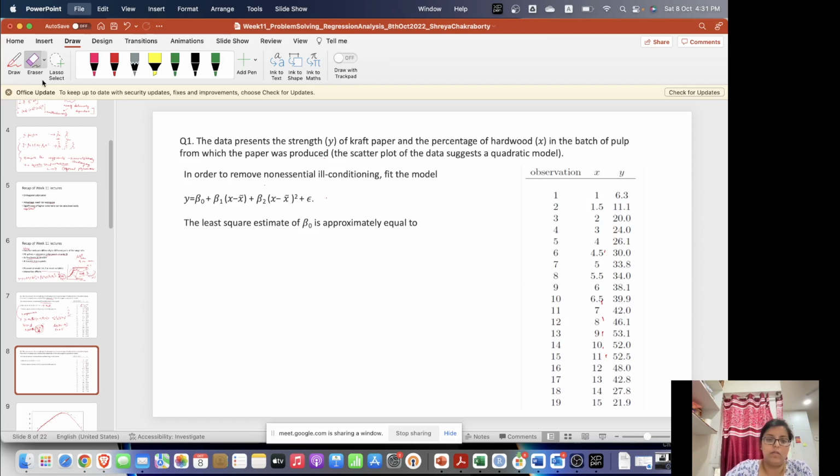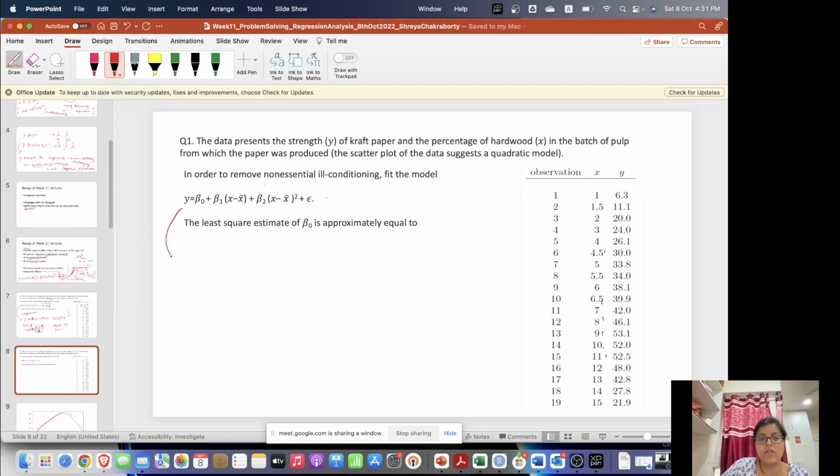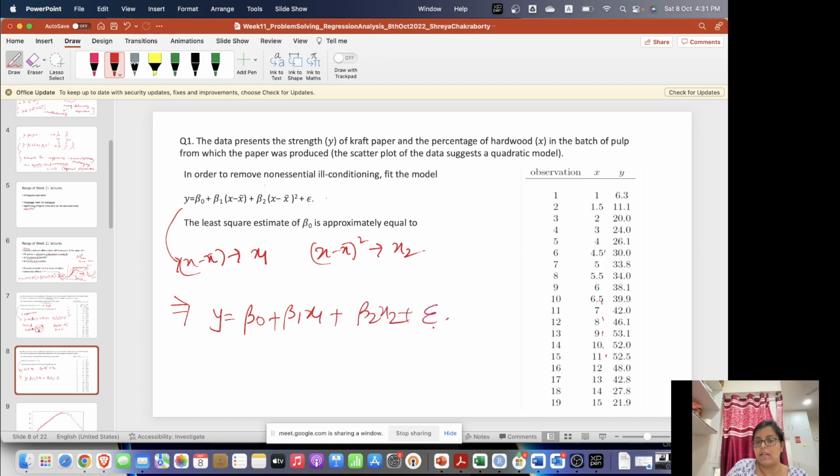Once we are able to identify lambda 1 and d, it's fine, we can go ahead with that. But if not, then we'll treat x minus x bar as some x1 and x minus x bar square as x2, and then fitting the entire model would become equivalent to fitting y equal to beta naught plus beta 1 x1 plus beta 2 x2 plus epsilon.